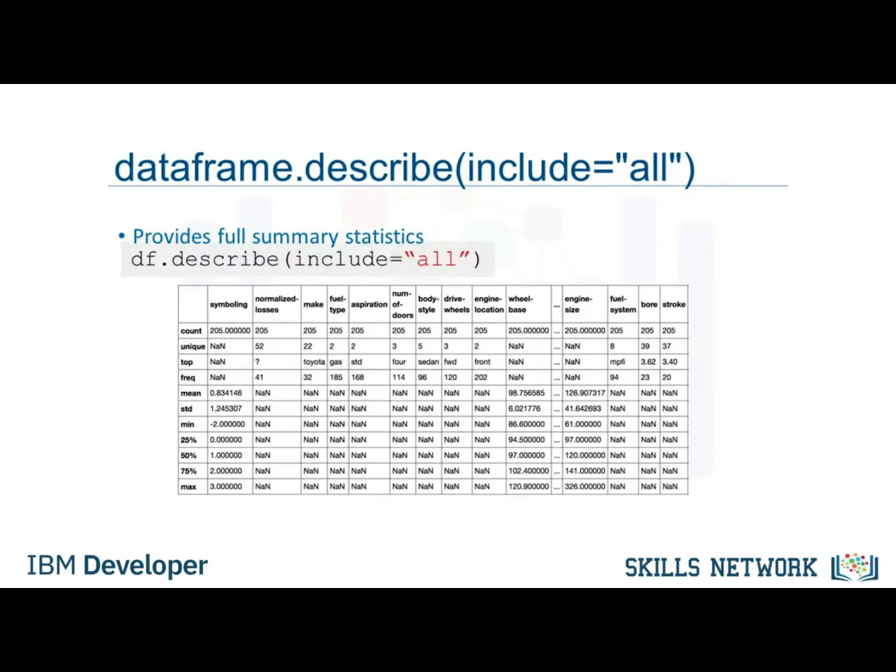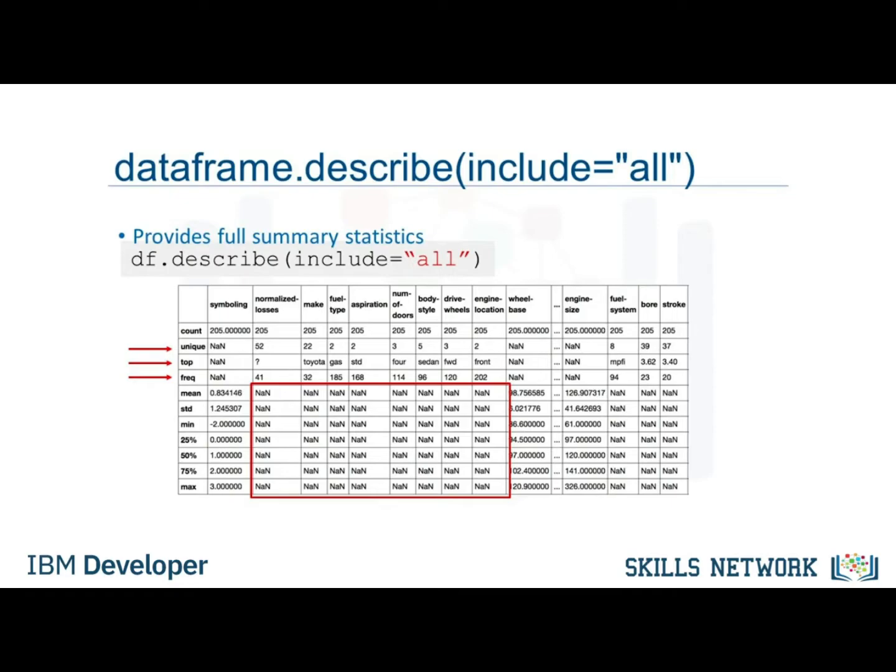Now the outcome shows the summary of all the 26 columns, including object typed attributes. We see that for the object type columns, a different set of statistics is evaluated, like unique, top, and frequency. Unique is the number of distinct objects in the column. Top is the most frequently occurring object, and freq is the number of times the top object appears in the column.